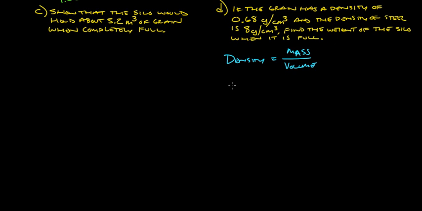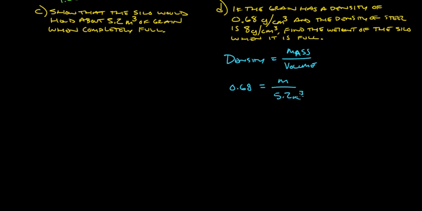Right? So the grain has a density of 0.68 grams per centimeters cubed, and it had a total volume of 5.2. Well, let's just go with their answer here, 5.2 cubic meters.